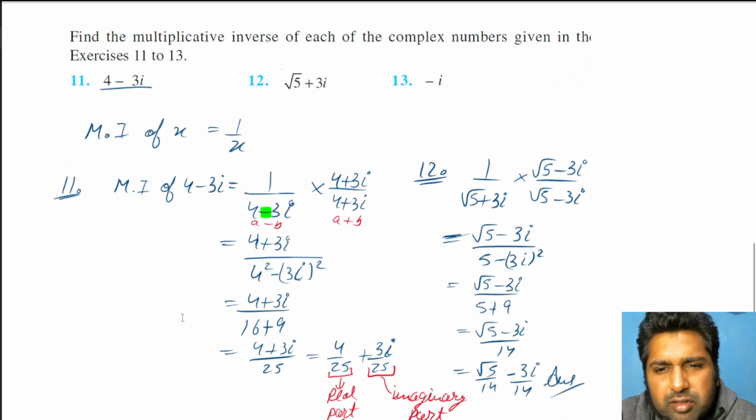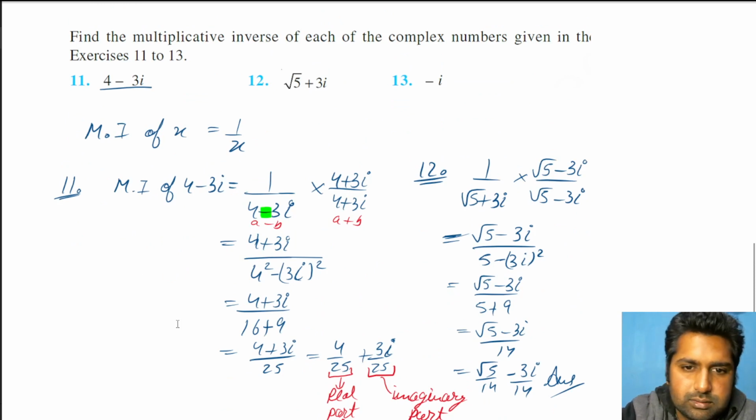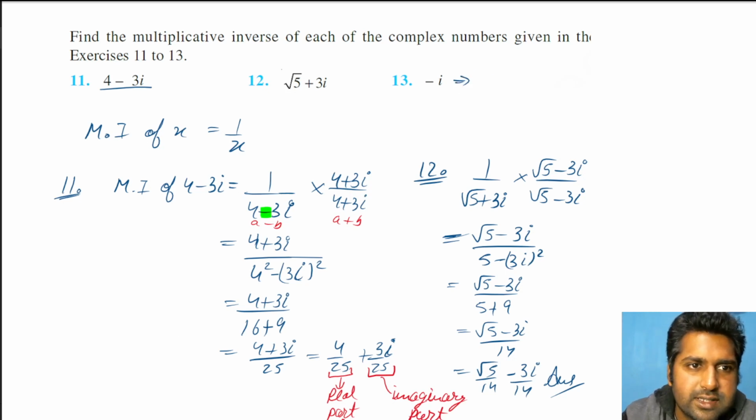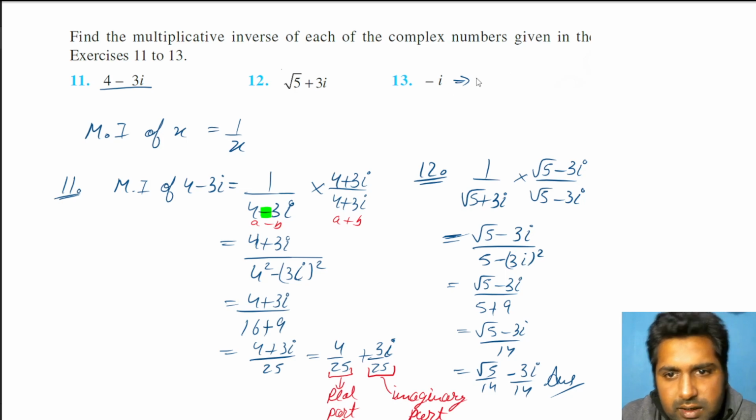So multiplicative inverse again is just a way to teach you how to rationalize any complex number. And remember, it's the unspoken truth that you never leave iota in the denominator, just like you never leave square roots in the denominator. For this one, I'll just solve it here because it's a very simple part. So the multiplicative inverse of this will be the reciprocal, 1 upon minus iota, and then multiply numerator and denominator with iota.